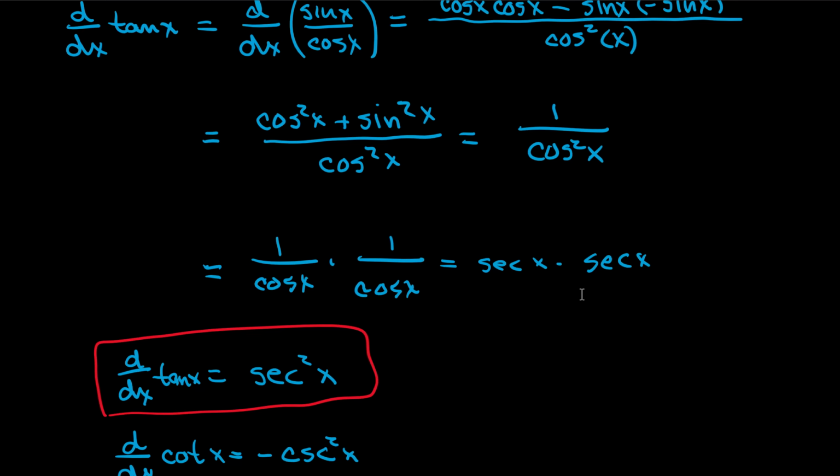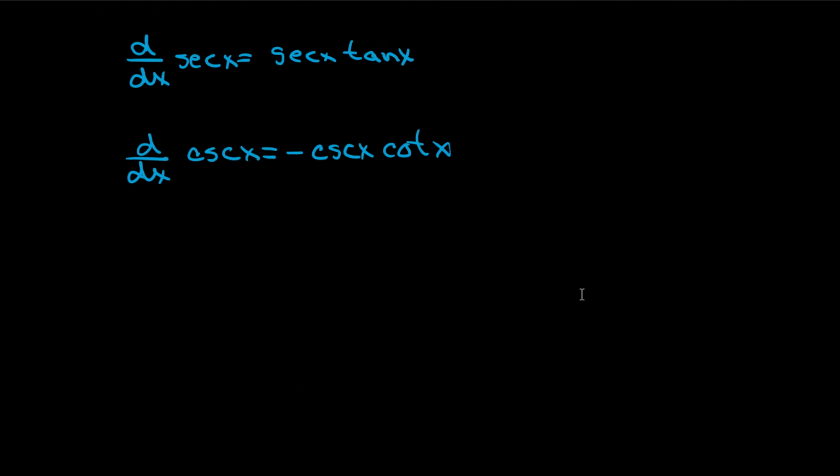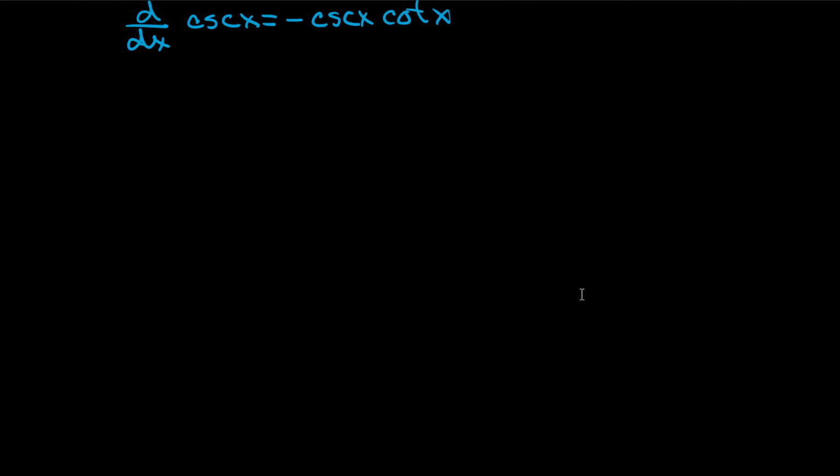Okay, with those basic derivatives defined, let's take a look at computing the derivative of some different functions. For example, suppose we have the derivative of the sine of 7x. Well, this is going to be a chain rule because we have an inside function, the 7x, and an outside function, the sine.